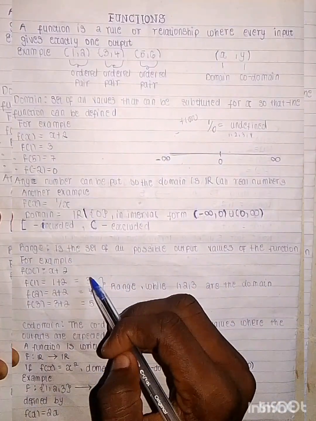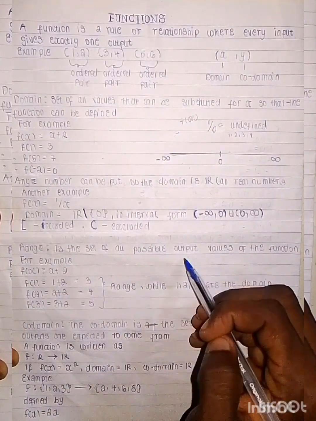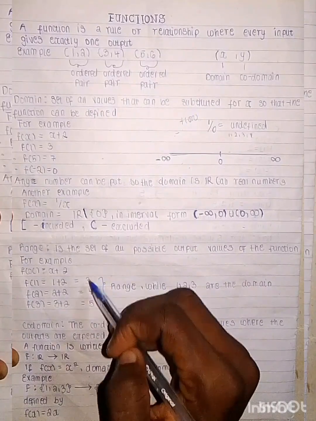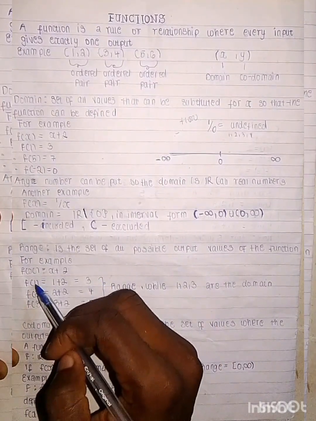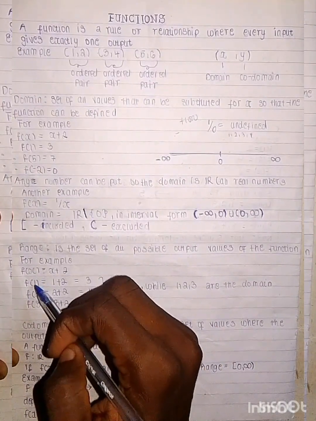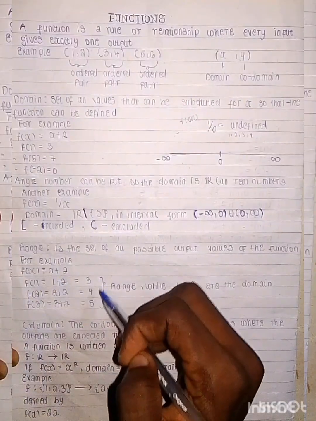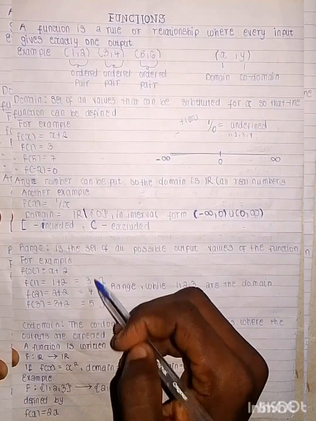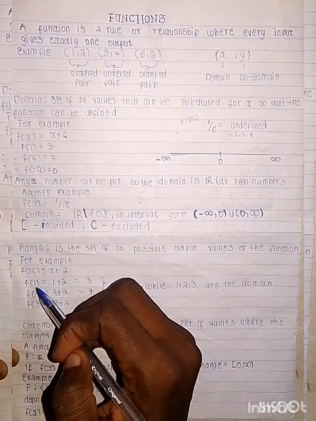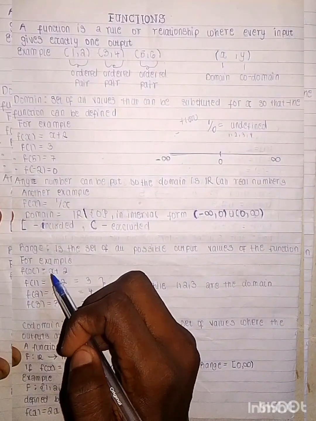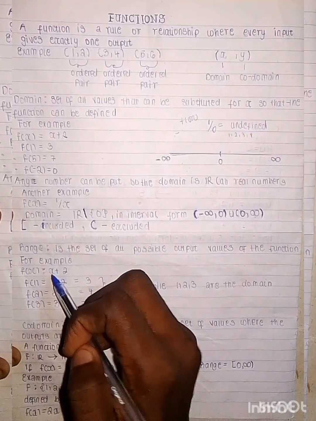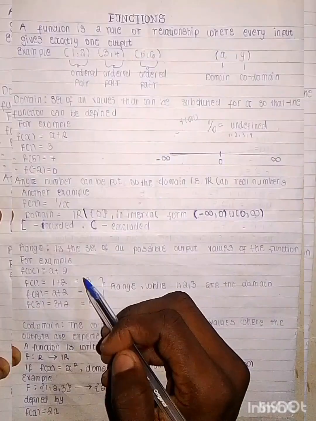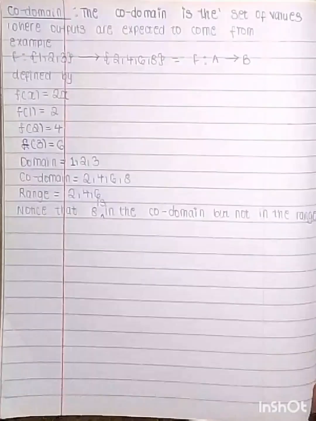Those output values of the function that are being produced as a result of inputting this 1, 2, 3 as the domain in place of x is called the range. The values we get when inputting some values into this x, having 3, 4, and 5, these are the values, so they are the range.